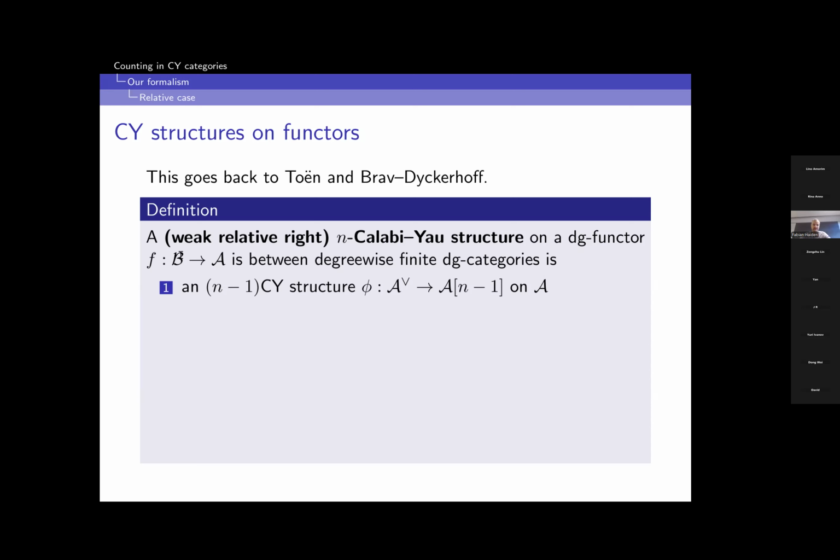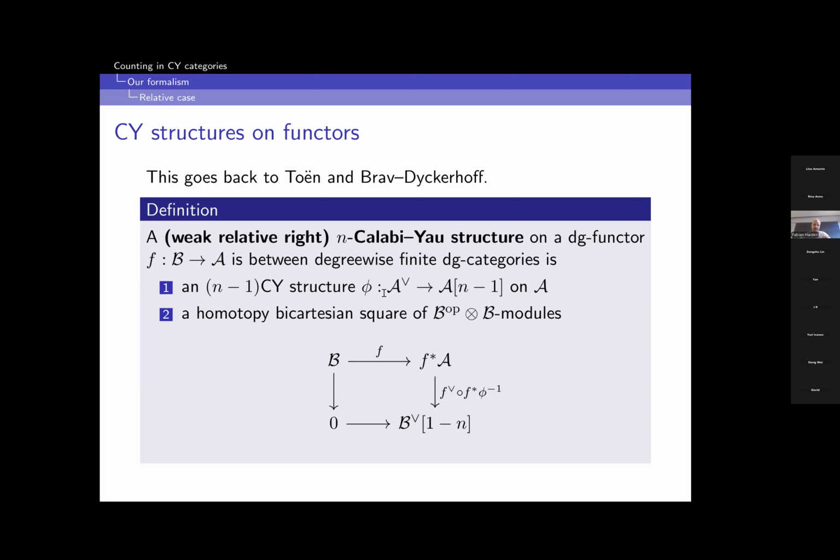So think of B as the total manifold with boundary, and A as its boundary. So we want an (n-1)-Calabi-Yau structure on this target, the boundary. And B is also Calabi-Yau.